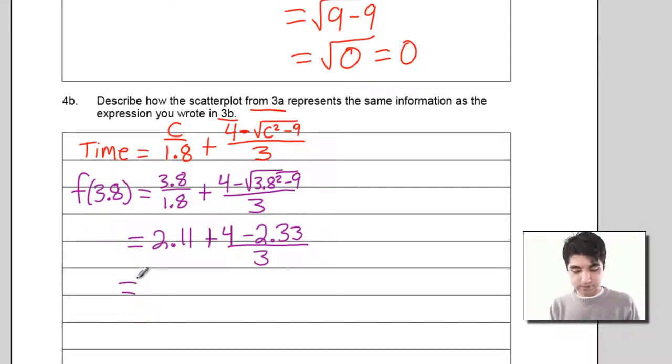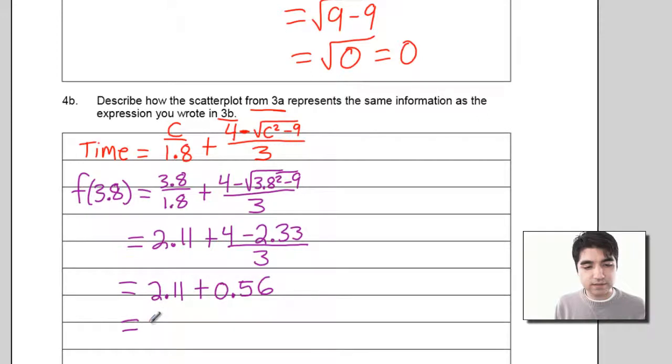That equals 2.11 plus 0.56. Now let's add that to 2.11, and we get 2.67 if you round it up.